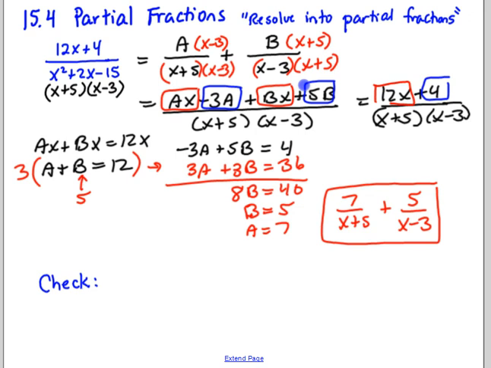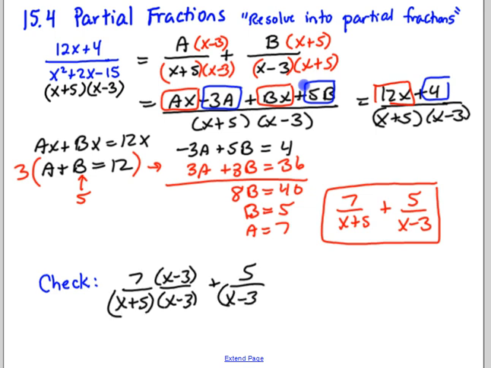Now I can check this by just going back through the process that I used. 7 over x plus 5 times x minus 3 over x minus 3 plus 5 over x minus 3 times x plus 5 over x plus 5 should give me my original problem.